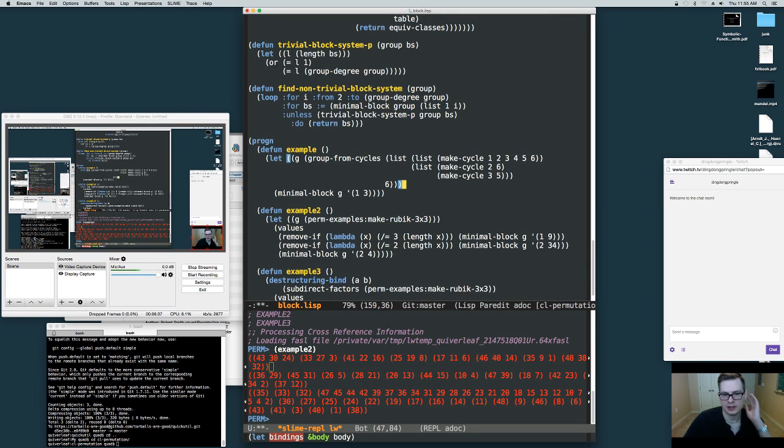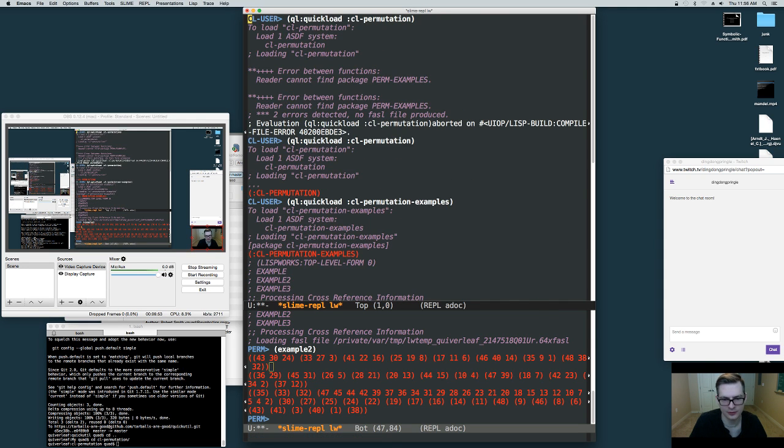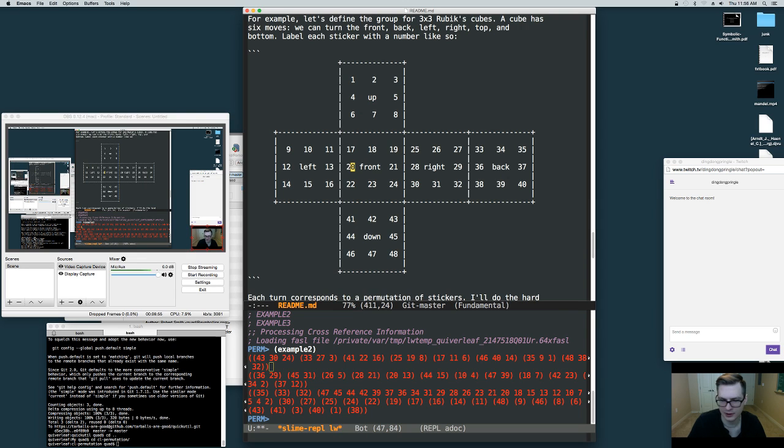Although we have to go through some gymnastics to do it. We have to know ahead of time that 1 and 9 are part of the same block system, and that 2 and 34 are part of the same block system. I do this example here: what's the minimum block system of 2 and 4? If we go back to our example, 2 is right here and 4 is right here.